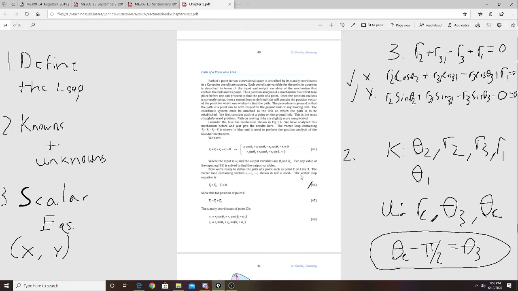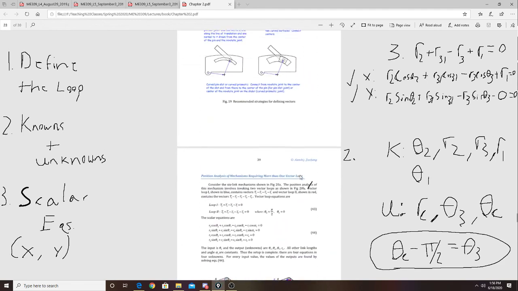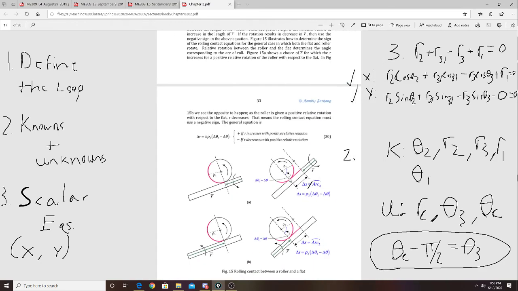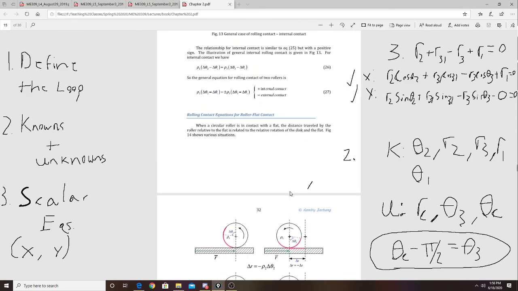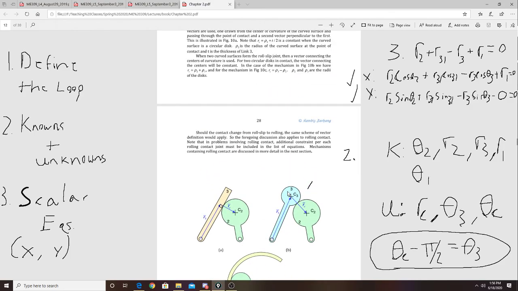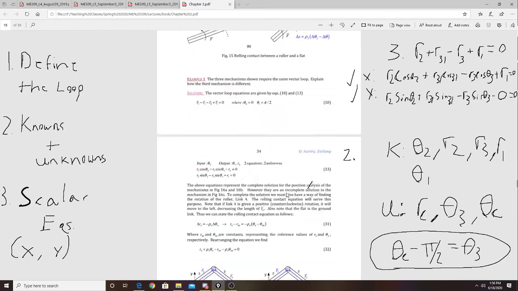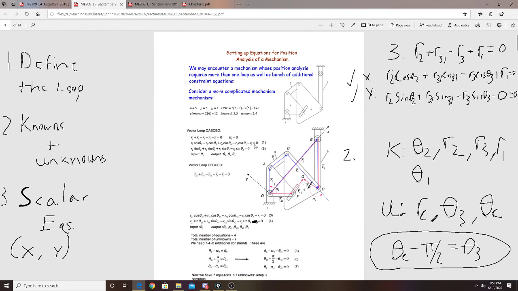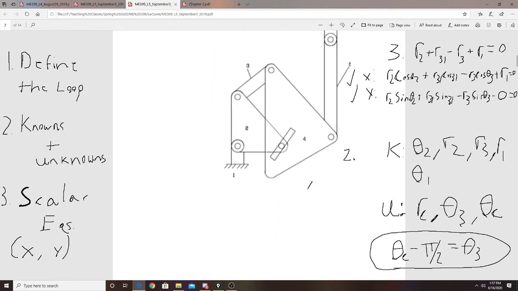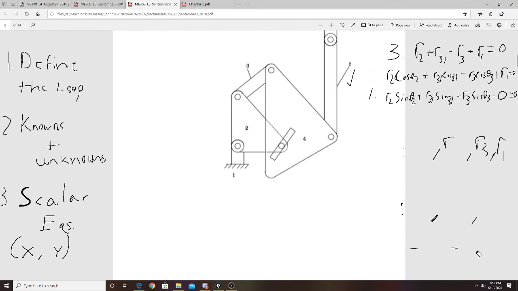So rolling contact, and then at the end of the class, once I go over all the rolling contact equations, which I don't think they do much in this. Well, yeah, they're right here. So once I touch on all the rolling contact parts, then we will look at a more in-depth example, which is this right here. So this is the more in-depth example.